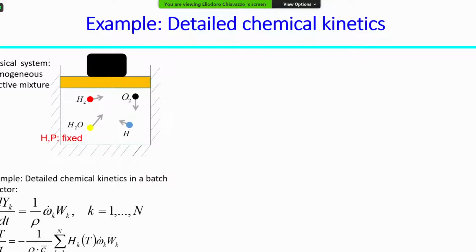A first example that comes to my mind that goes in this direction is detailed chemical kinetics. So assume that you have, for the sake of simplicity, a closed system with a reactive mixture. For instance, you want to burn hydrogen.